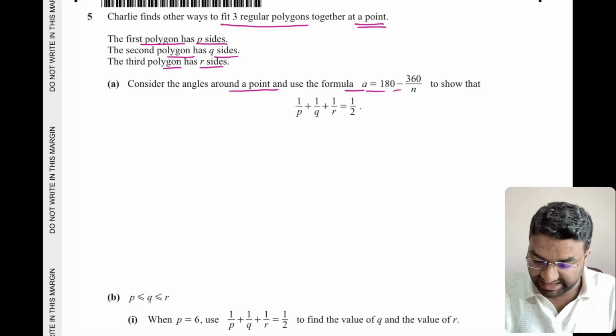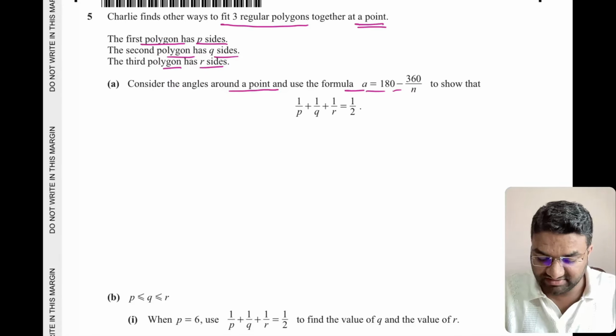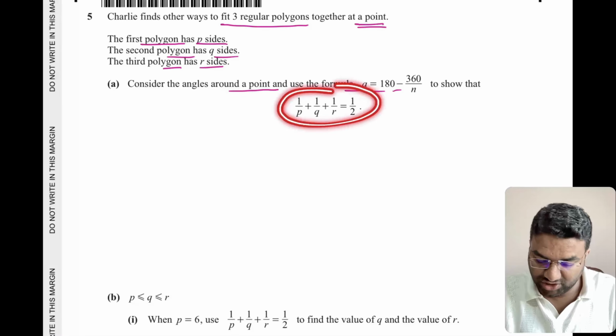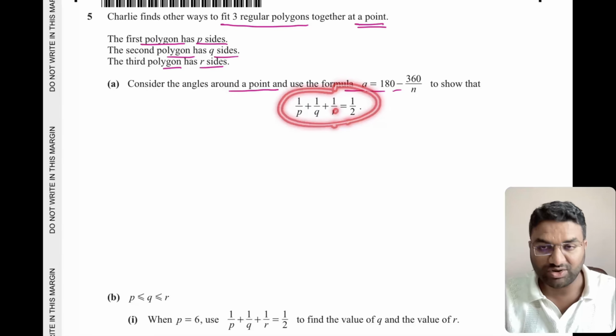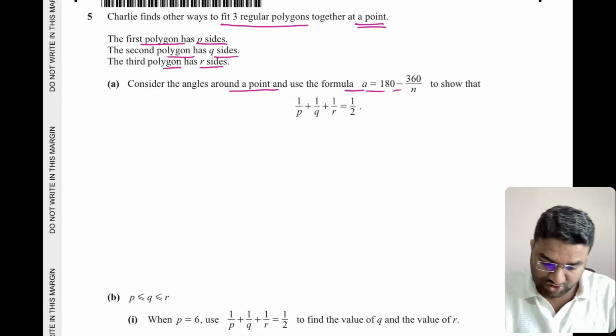A is equal to 180 minus 360 upon n. We have to show that 1 upon P plus 1 upon Q plus 1 upon R is equal to 1 upon 2. It's very easy.